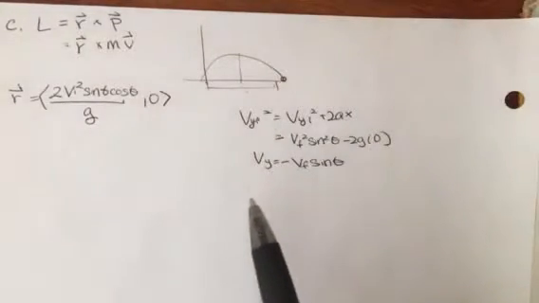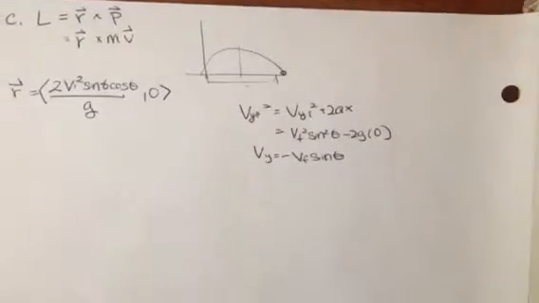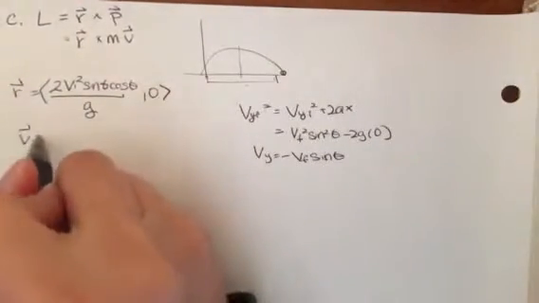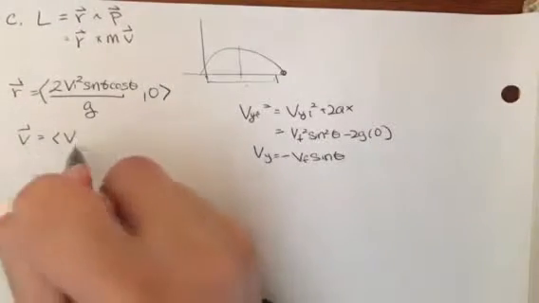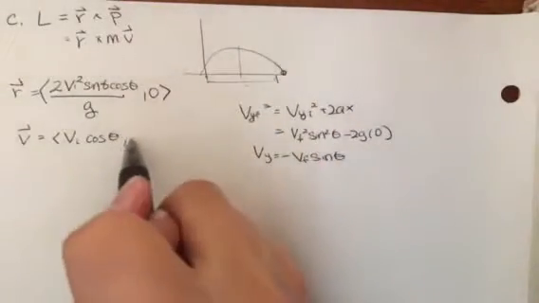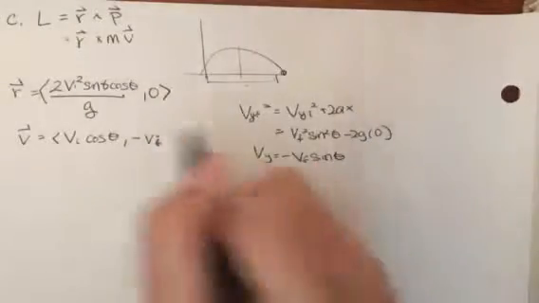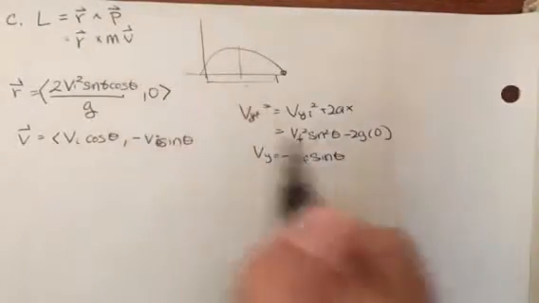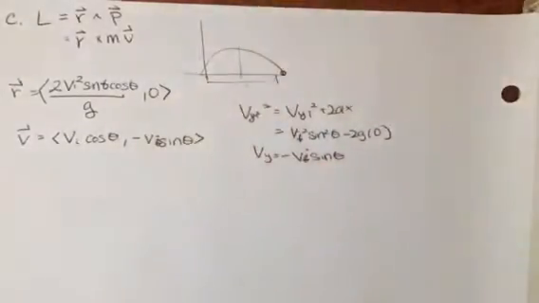And you know that the vx does not change throughout, so that component will stay the same. So your velocity then becomes vi cosine theta, comma, negative vi sine theta.